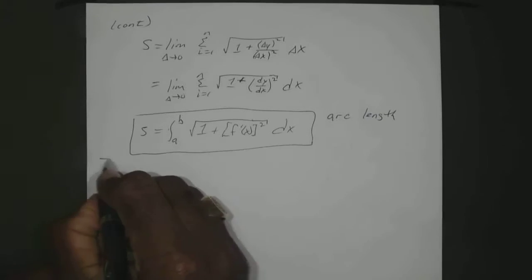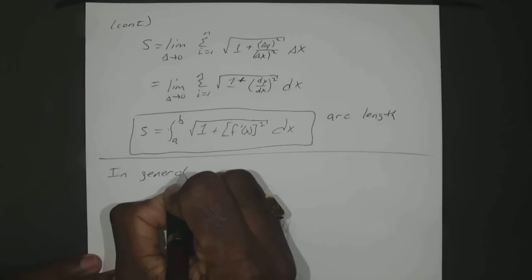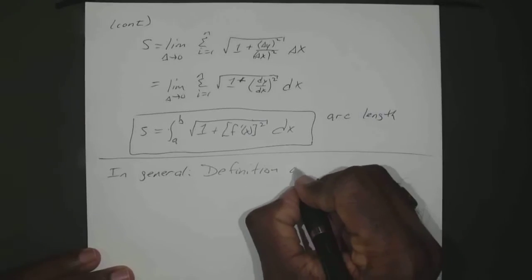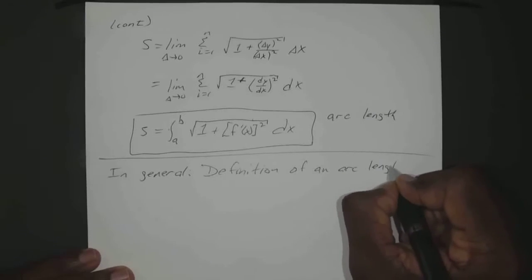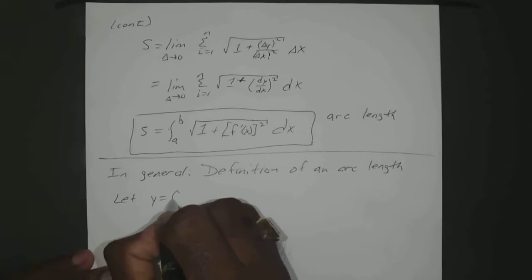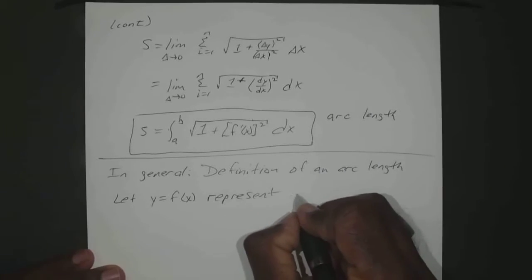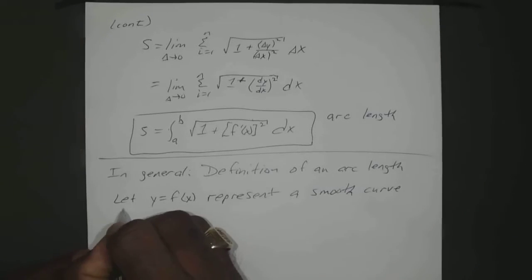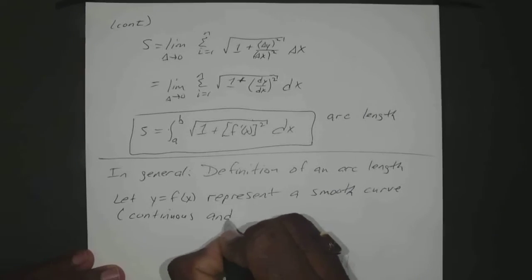All right, so if you want to write just a general definition, let's say we have y equals f of x, representing a smooth curve. Remember, smooth is just another way to say continuous and differentiable across the entire interval.